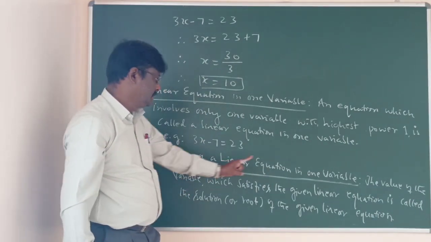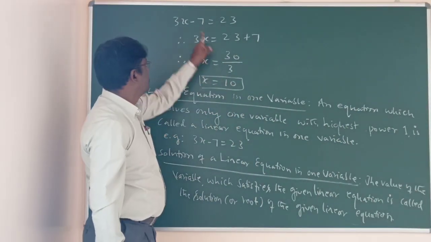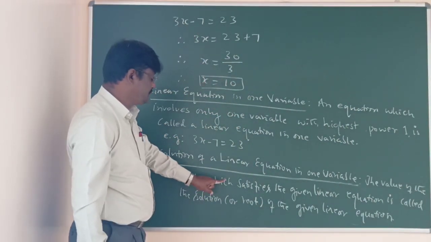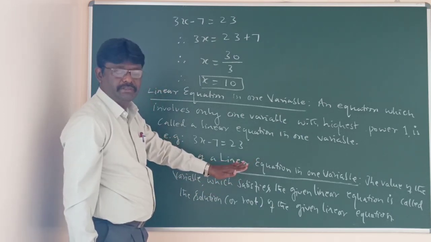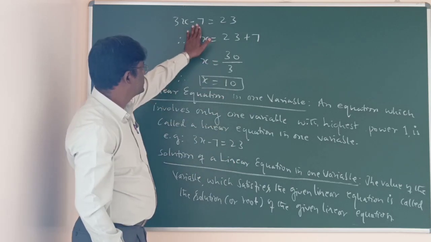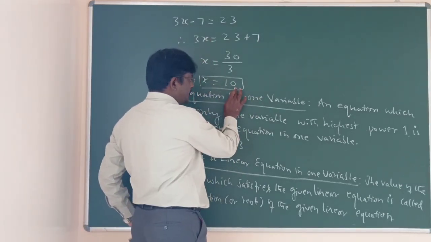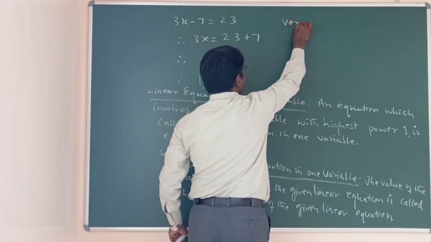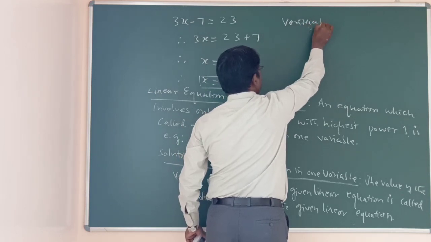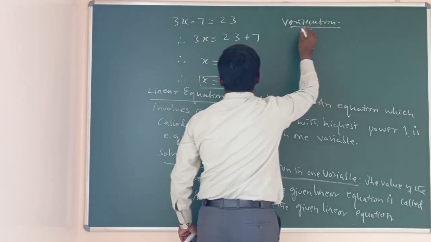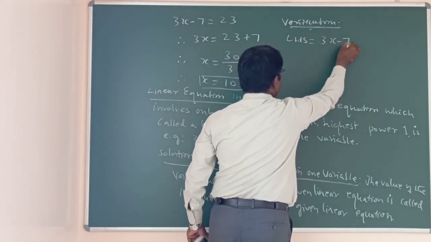Look at this, children. The value of the variable which satisfies the given linear equation. What do you mean by satisfies? Now let us take the given equation. We got x equal to 10. Let us verify this by taking LHS, 3x minus 7.